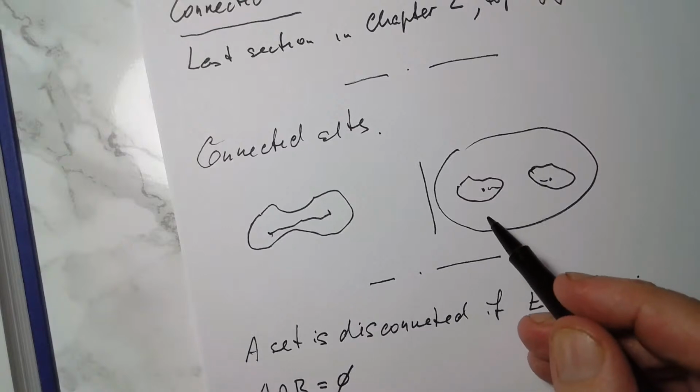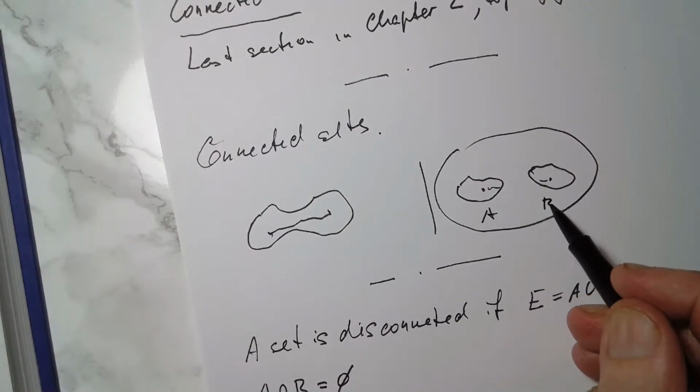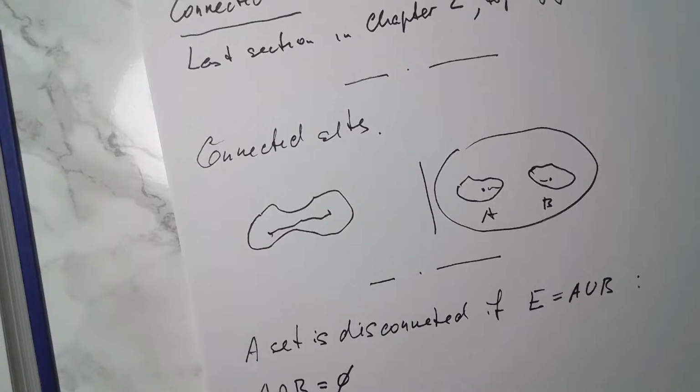Like if you have a set A here and a set B here, and these two sets are disjoint, then A union B is probably disconnected. However, this is not quite true. It all depends on how disjoint the sets are.